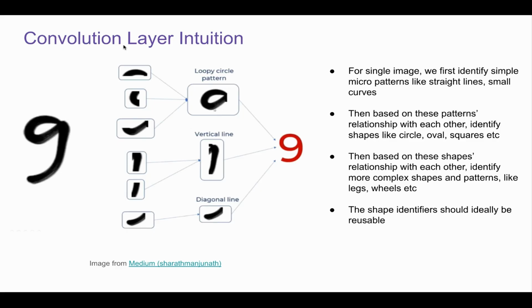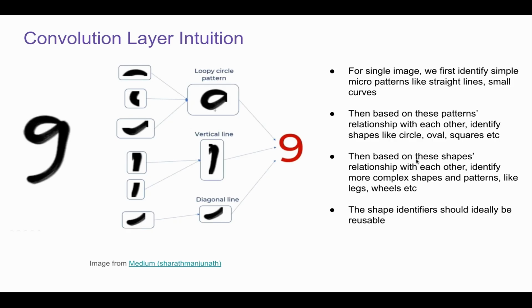This is the intuition of what the convolution layer is trying to do. For example, we have an image of a handwritten 9. For a single image, we first try to identify simple micro patterns like straight lines and small curves. The first layer is trying to capture the smallest patterns: small curves, straight lines, etc. Then based on these patterns and their relationships with each other, we can identify more complex patterns like shapes, for example, circles, ovals, squares, etc. In this case, we can detect a circle pattern, a vertical line pattern, a diagonal line pattern.